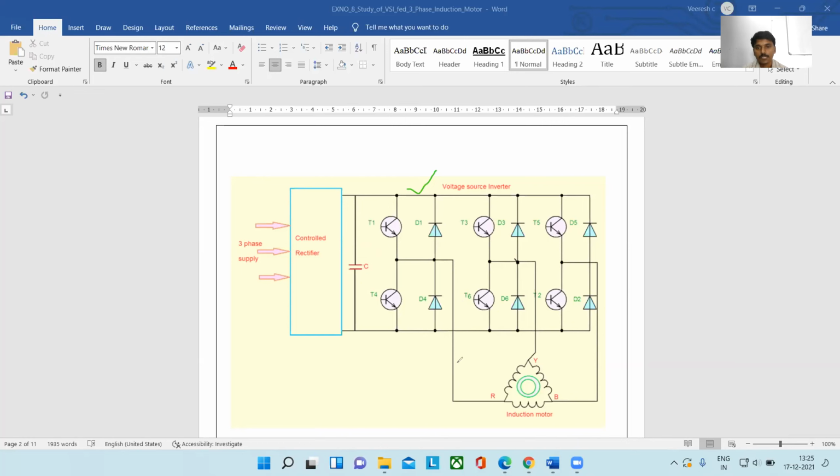This three-phase AC output from the inverter, we are connecting to the motor terminals, the stator of the induction motor. Clear?